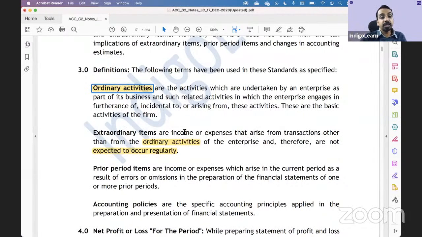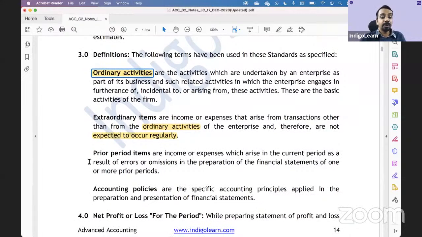A lot of emphasis in AS5 is given on prior period items and accounting policies. Now, for prior period items, what you need to understand is these are incomes or expenses which arise in the current period as a result of errors or omissions in the preparation of the financial statements of one or more prior periods.